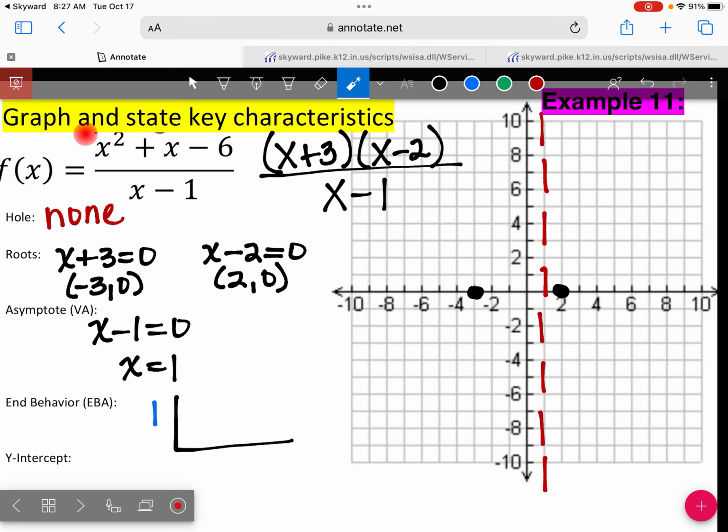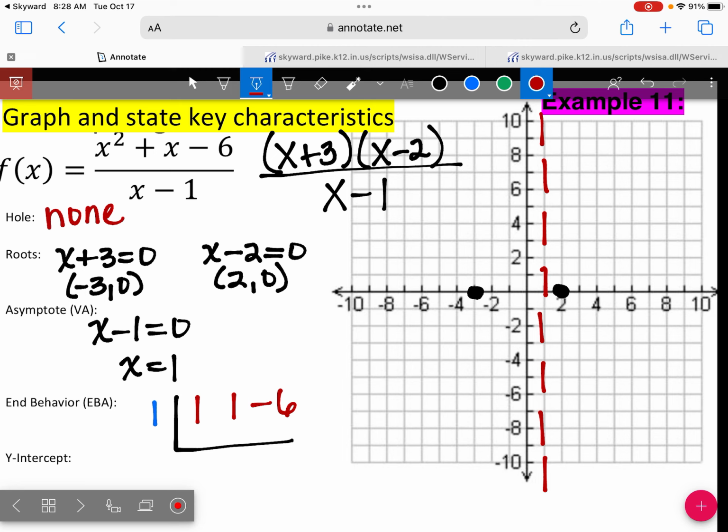I have a 1, and a -6. So go ahead and put 1, 1, -6. Do your synthetic division.